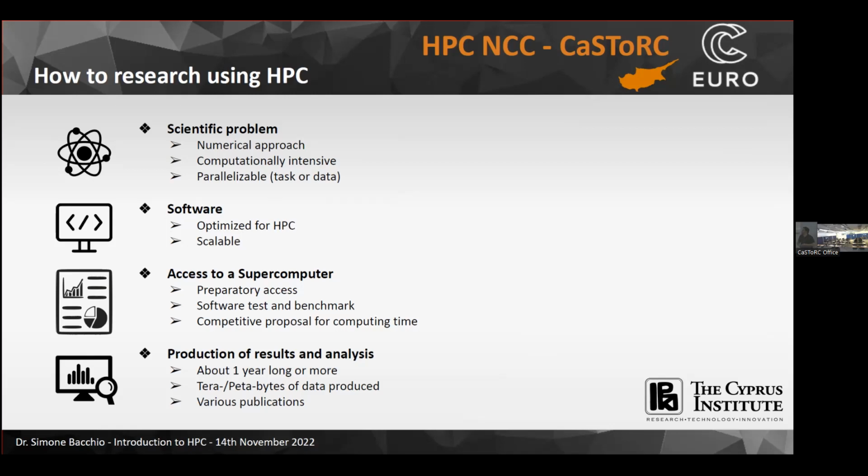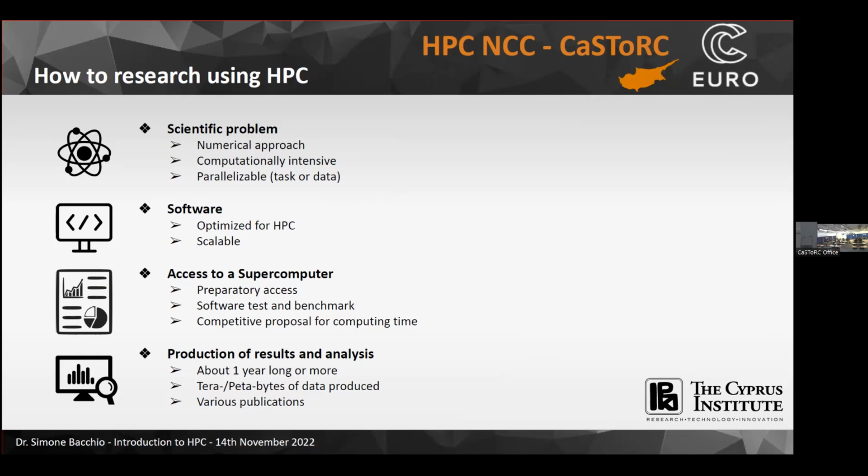Then you need access to one of these systems. That is not a too difficult part, but it requires experience as well. Because for getting access, like for getting funding for your research, you need to write a proposal.